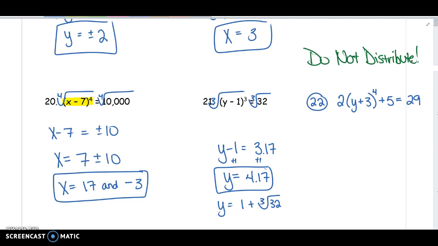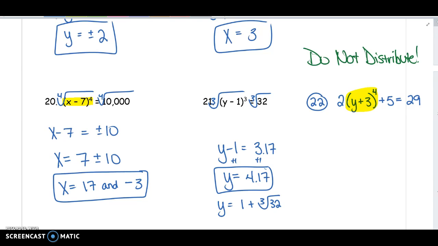You have to deal with exponents before you deal with multiplication. So we cannot do anything to the inside of this set of parentheses until that exponent is gone. And we can't get rid of the exponent until that thing is isolated. So step 1, isolate the thing that is raised to an exponent. That's what we need to isolate.